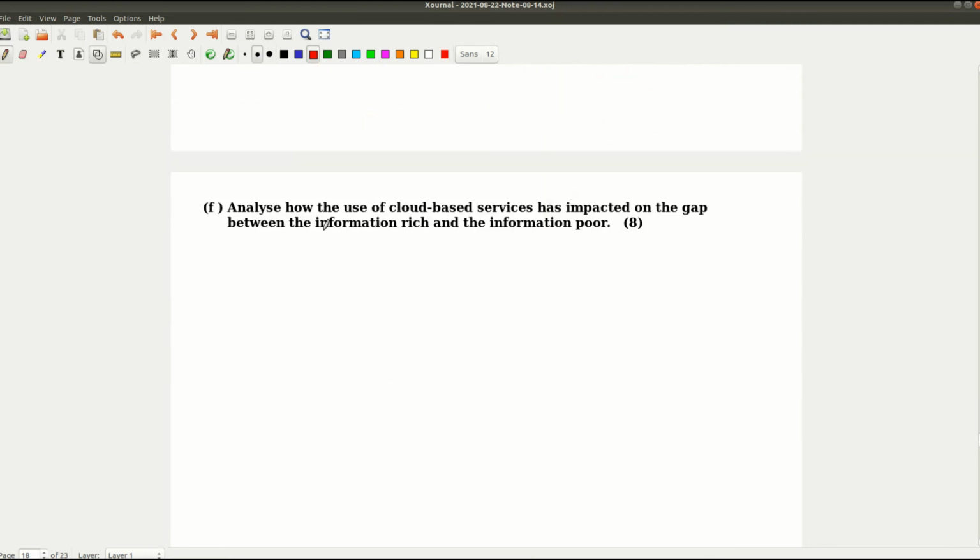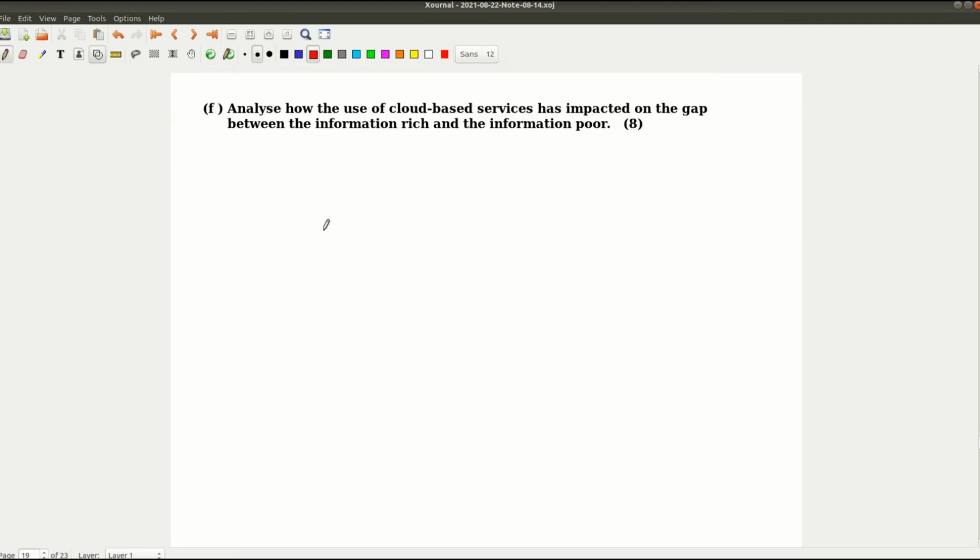Analyze how the use of cloud-based services has impacted the gap between the information rich and the information poor. Okay, so we need to understand what information rich and information poor mean, and what cloud-based services are. Cloud-based means, for example, we are using Google Docs. We save all our data and files on Google Drive.